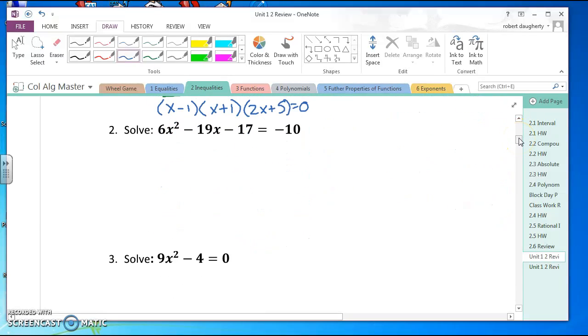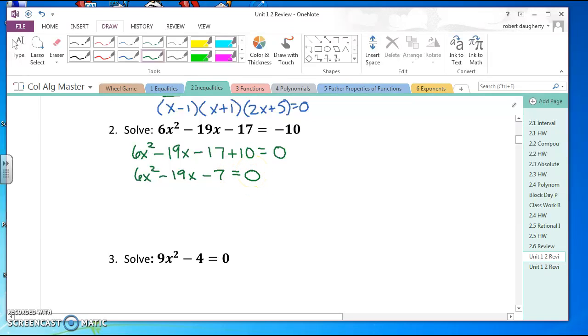Number 2, solve it. First step, set it equal to 0. So 6x squared minus 19x minus 17 plus 10 equals 0. 6x squared minus 19x minus 7 equals 0.